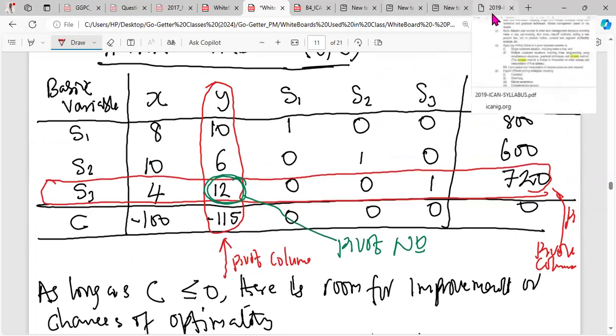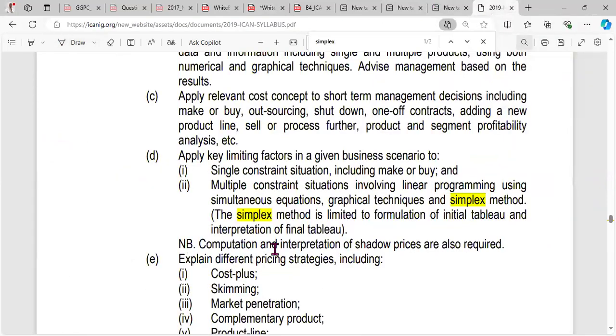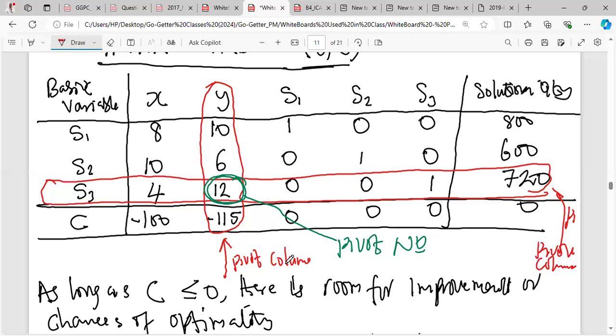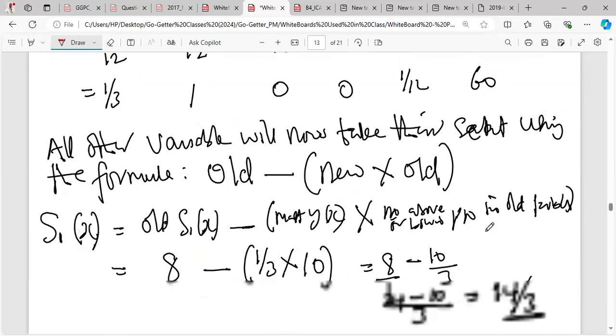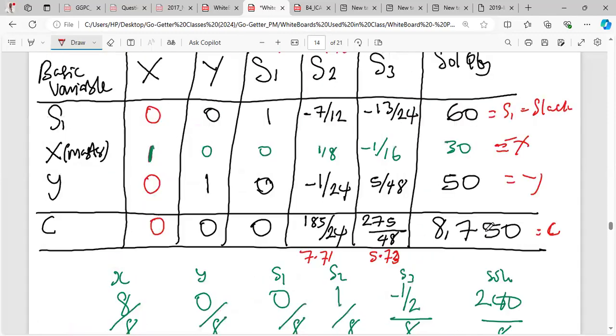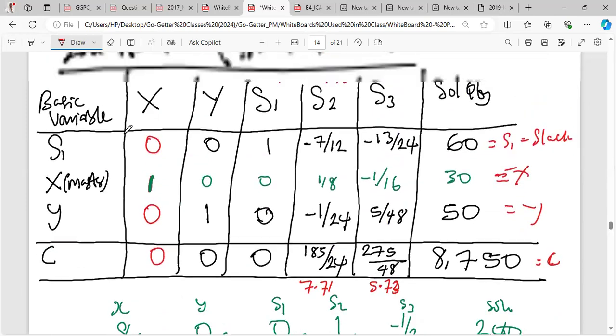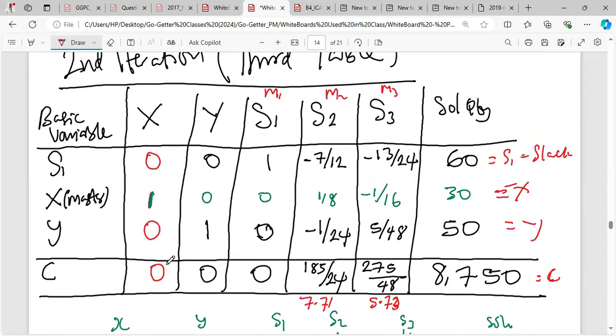And they said here, interpretation of the final table. So it means that they might ask you this A part, then your B part. They might just give you the final table and ask you to interpret.